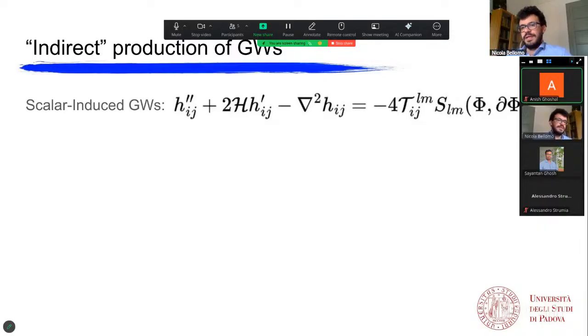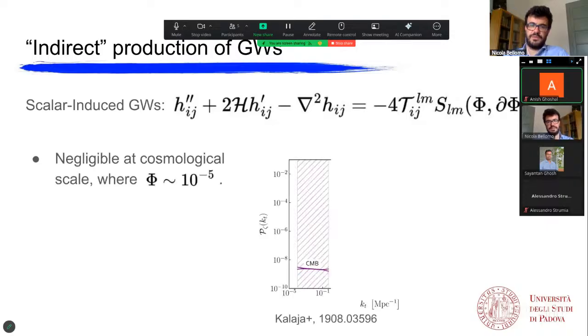Now, at cosmological scales where scalar perturbations are really small, of order 10 to the minus 5, that's not really an effective mechanism. But in other ranges of scales, in particular at small scales, we could be in a different situation.